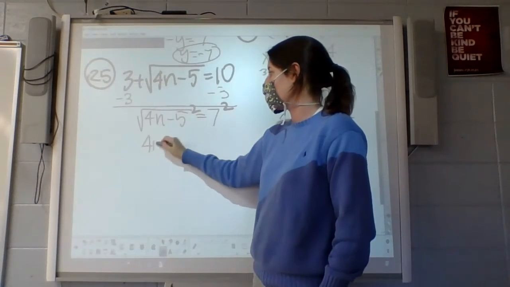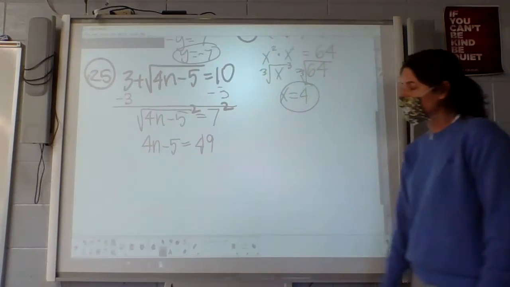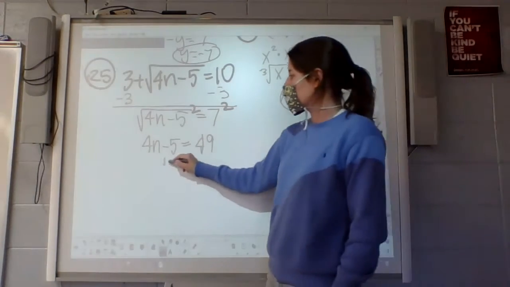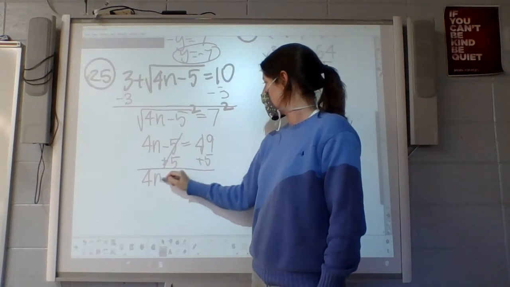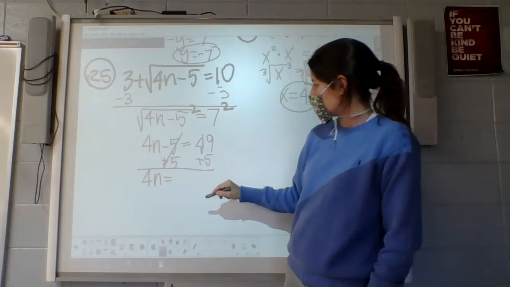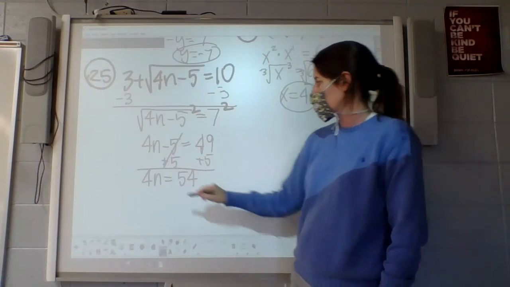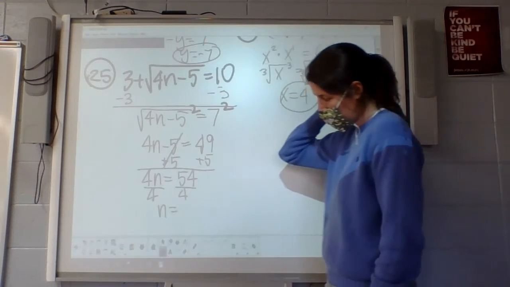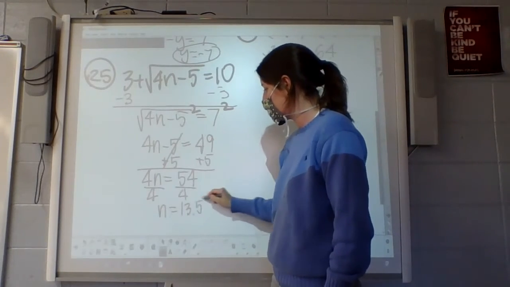So I just have 4n minus 5. When I square the right side, I'll get 49. Then I'm ready to move this 5 over. So 4n equals, is that 54? Yeah. No, that's kind of an icky number, I think. What is that? 13.5. So 13.5.